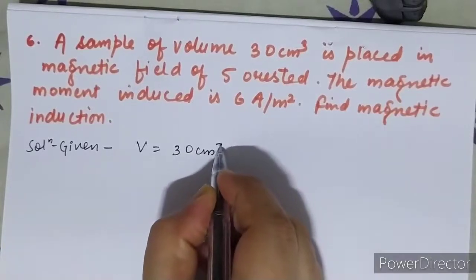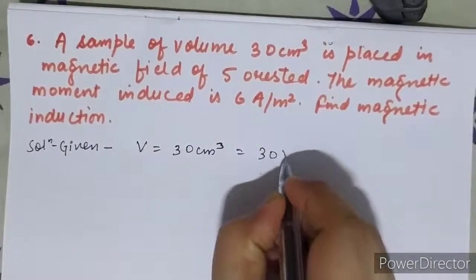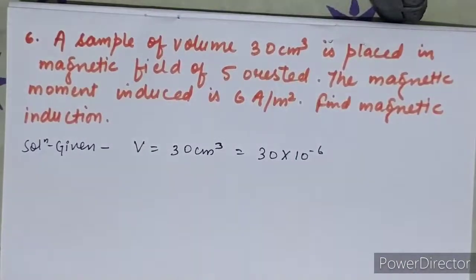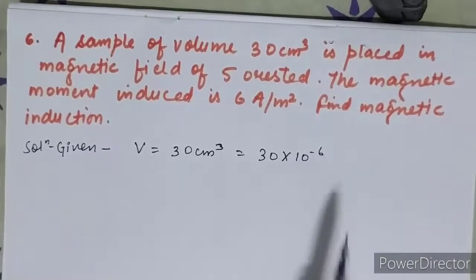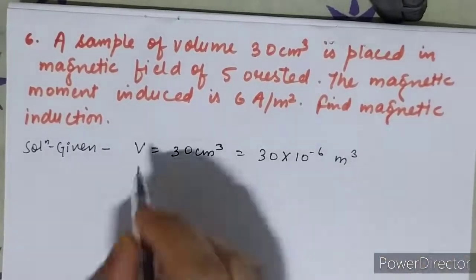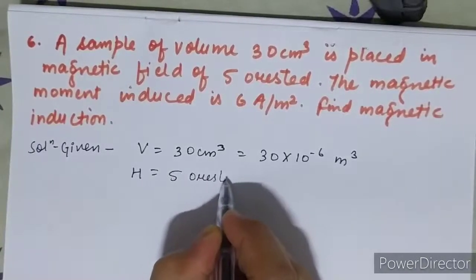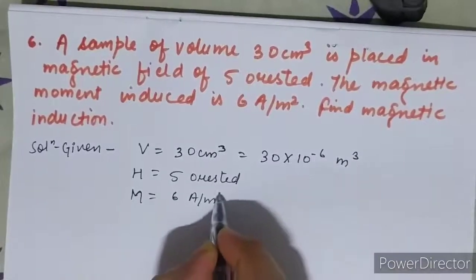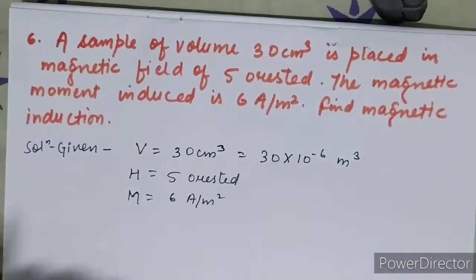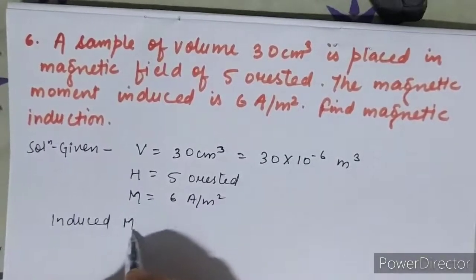The first important thing is that it is in centimeter cube, so we have to convert into meter cube: 30 into (10 to the power minus 2) whole cube, so 6 into 10 to the power minus 6 meter cube. The magnetizing field is 5 Oersted, and the magnetic moment is 6 ampere per meter square. Clear? Now you have to calculate the induced magnetic field, the magnetic induction. Okay.